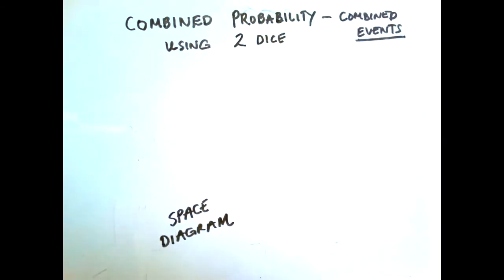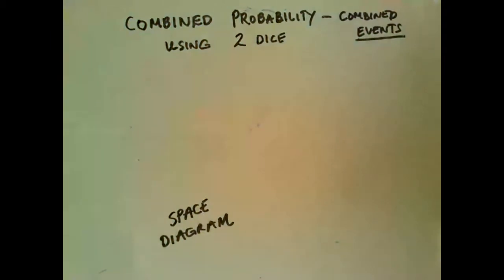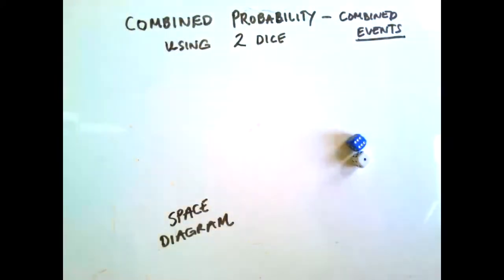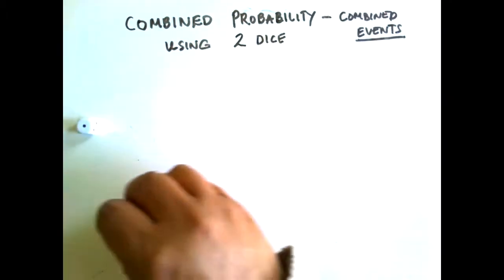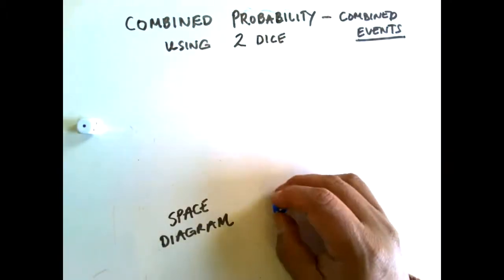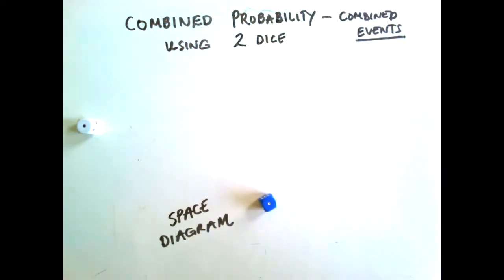And to do this, it's quite simple. You just have one die, the first die, or we could have a proper example. Let me just get my dice. Okay, I've got these two dice in here, the blue and the white die. And of course, you list all the possible occurrences.